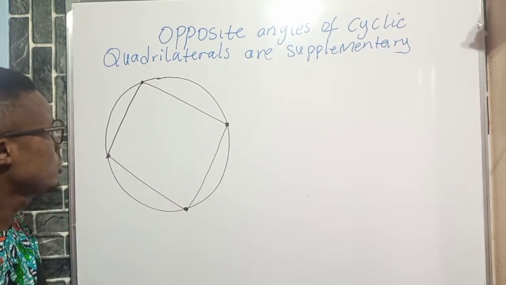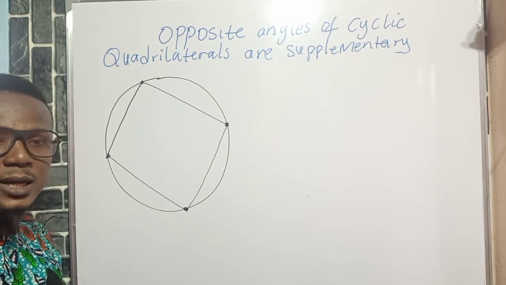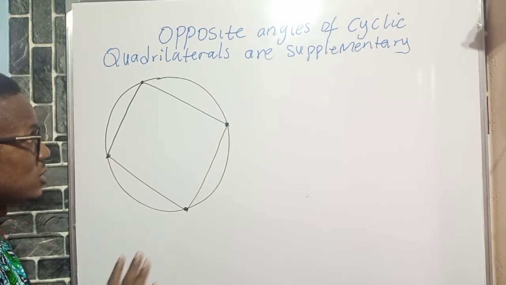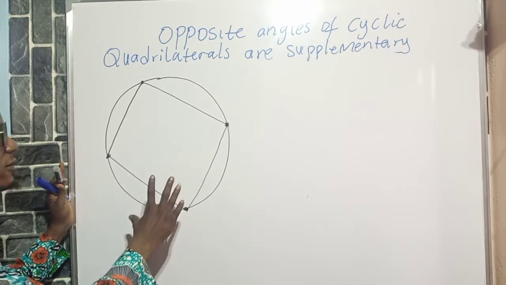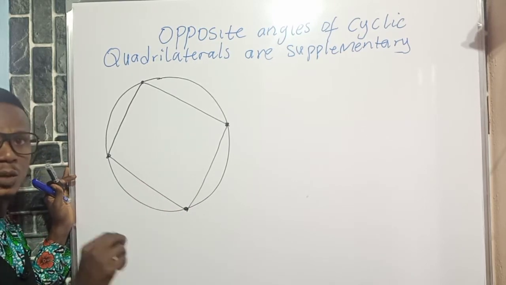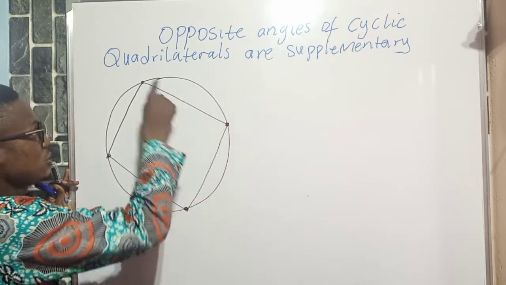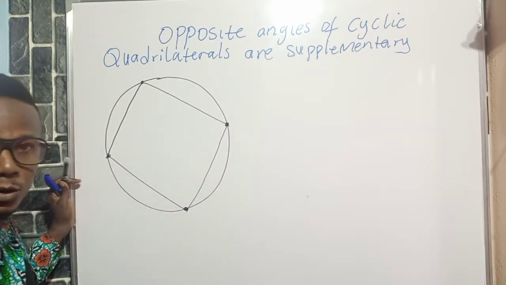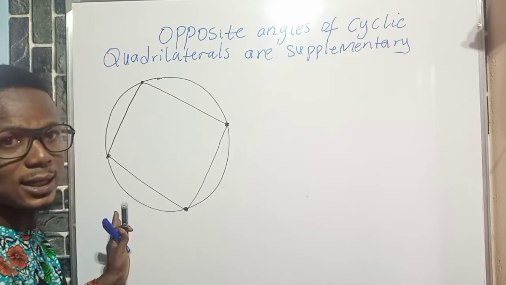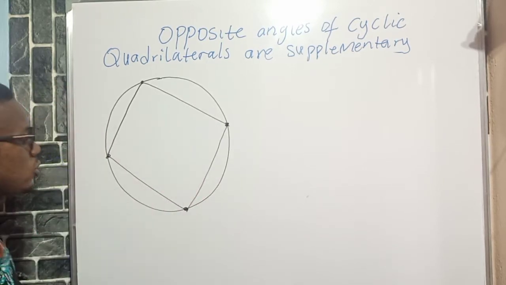If the vertices are not touching the circumference, it means that quadrilateral is not a cyclic quadrilateral. So whenever a quadrilateral, a shape with four sides, is inside a circle, and its vertices are touching the circumference, you know that the shape is a cyclic quadrilateral.